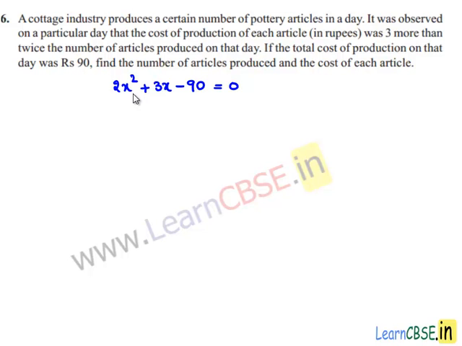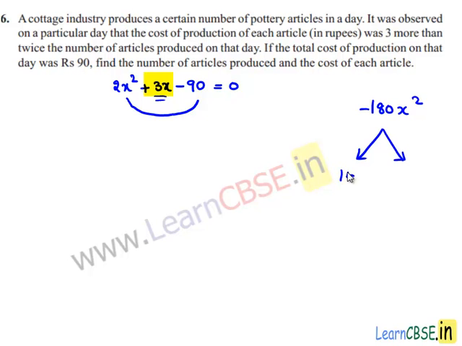Let us solve this equation by the method of factorization. The product of first term and the last term is −180x². We need two terms such that their product must be equal to −180x² and their sum must be equal to +3x.